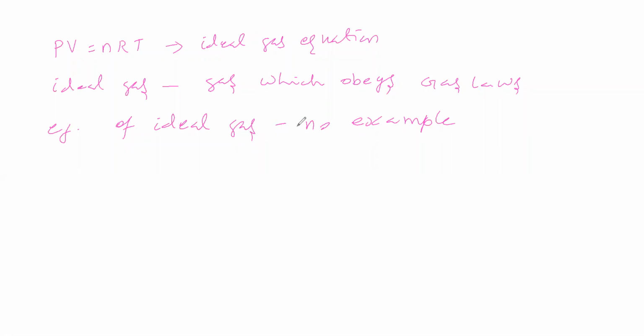All the gases are not obeying gas laws. No gas is obeying gas laws. Therefore, we are saying the ideal gas example is nil. Practically existing gases are not ideal gases. They are called real gases.